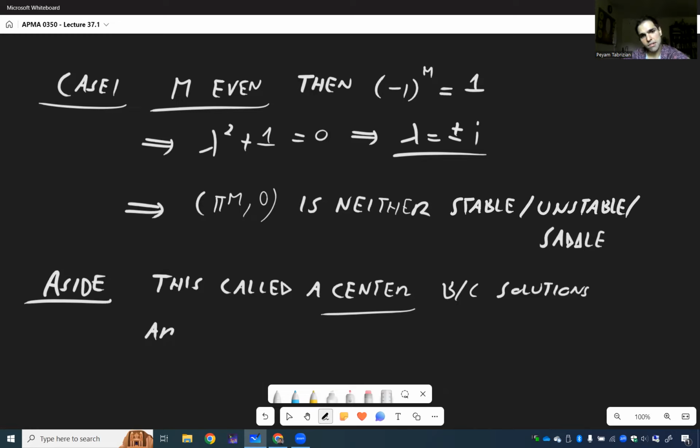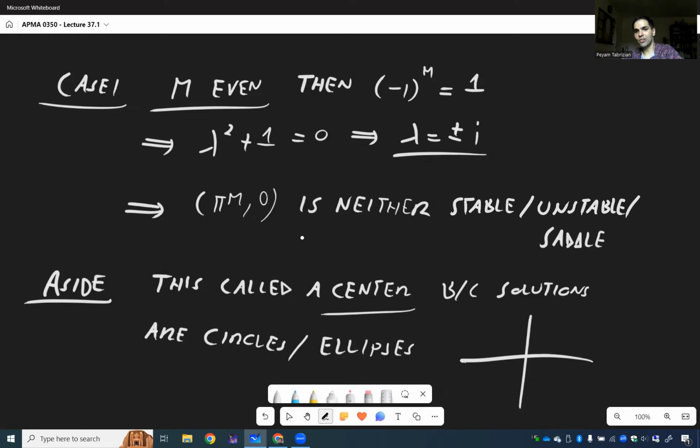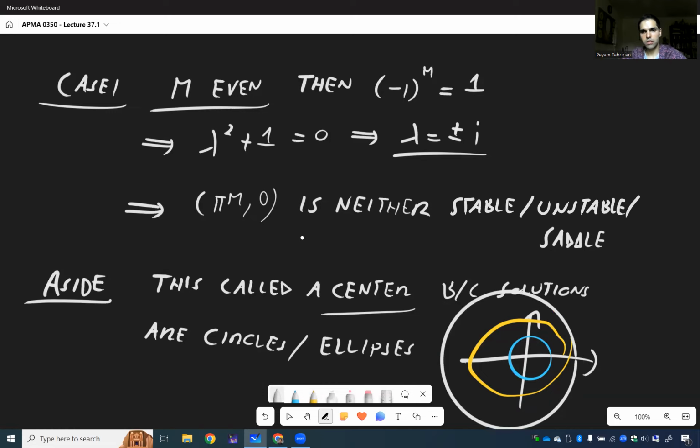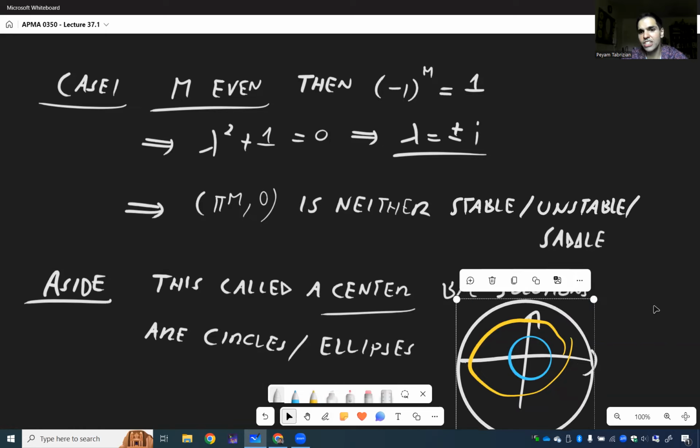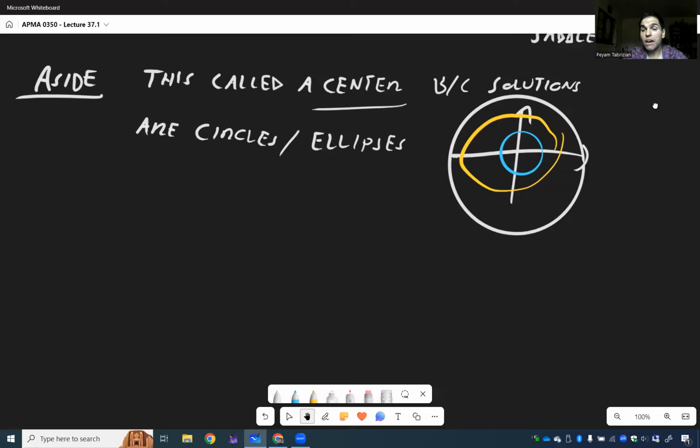Again, this will be cool in terms of application. If you want to draw the phase portrait, it just spins round and round. Not quite a circle, but that's sort of what the phase portraits look like. So if you find something purely imaginary, technically, it is a center. So that was the first case.